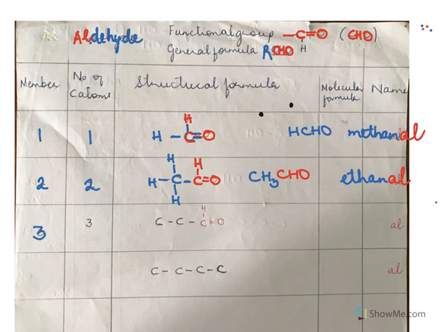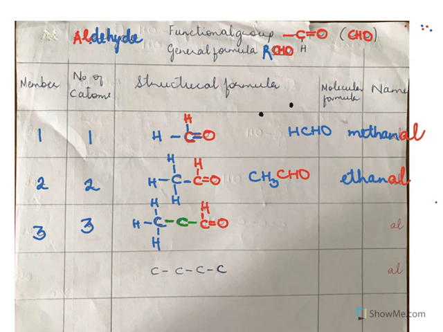Now for third member of the aldehyde, 3 carbons. So first the functional group CHO, and then we need 3 carbons. So there's 1 already in the functional group, 2, 3 carbons. Each carbon has got 4 arms. So there is hydrogen, hydrogen, hydrogen. The next carbon here will have also 4 arms.